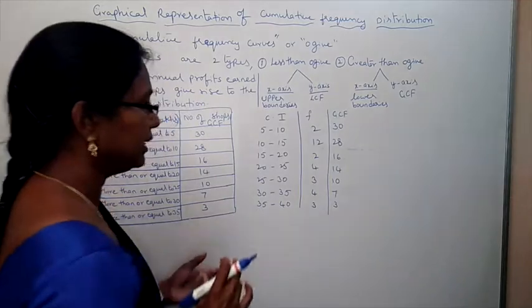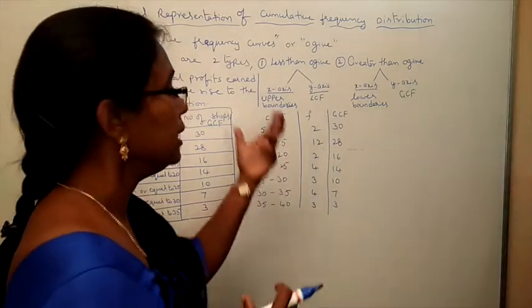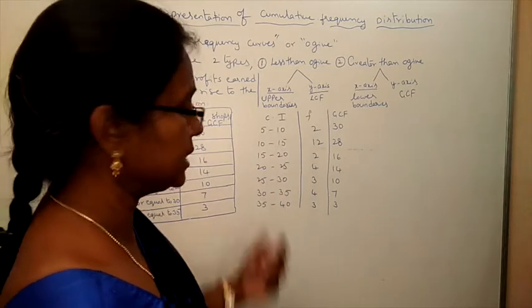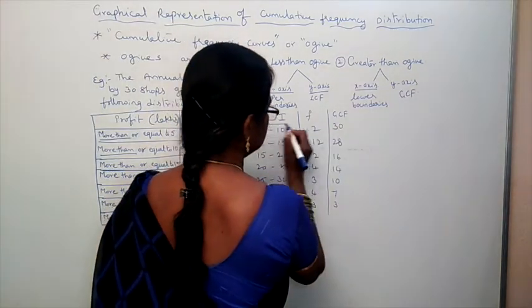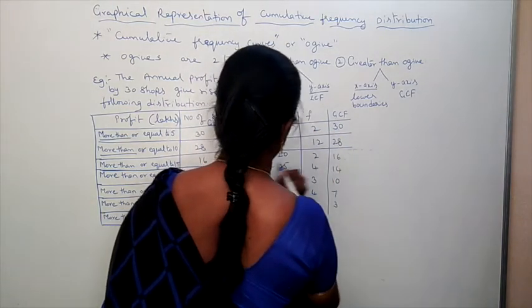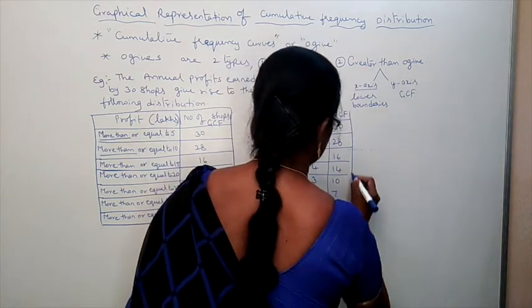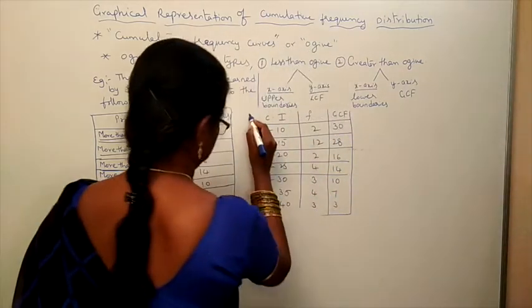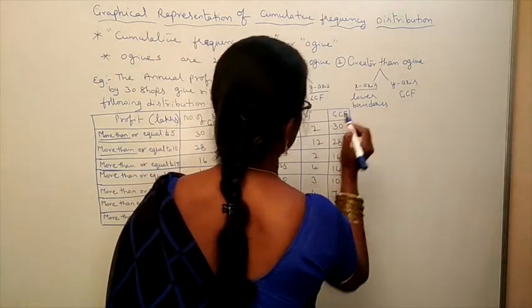Now, when you draw the less than or greater than ogive, we have to find the general frequency table, that is, class interval, frequency, and LCF or GCF. Now, how to draw LCF?